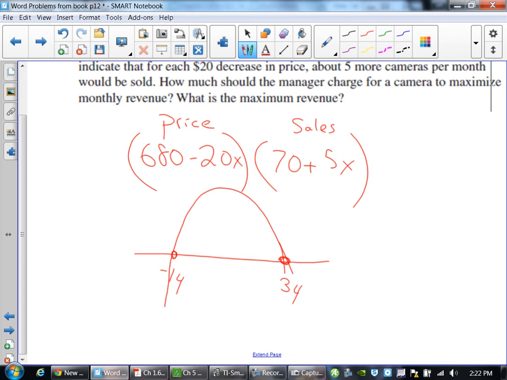What occurs at the halfway point? At maximum sales, the axis of symmetry. What's negative 14 plus 34? So I know that at 20, comma, something is going to be my maximum value.